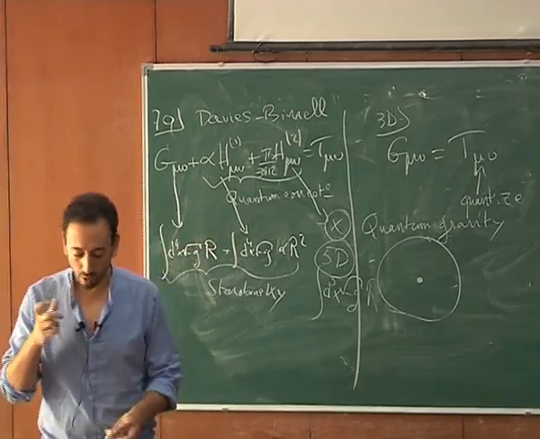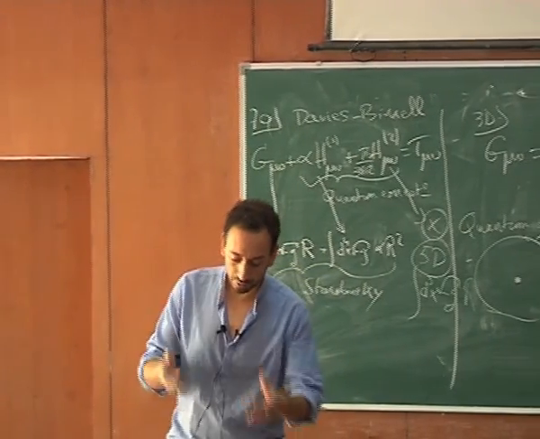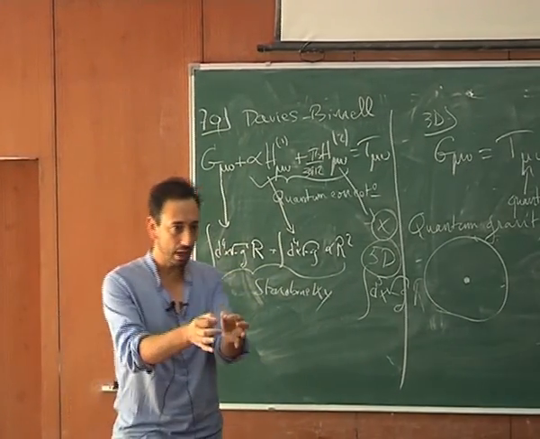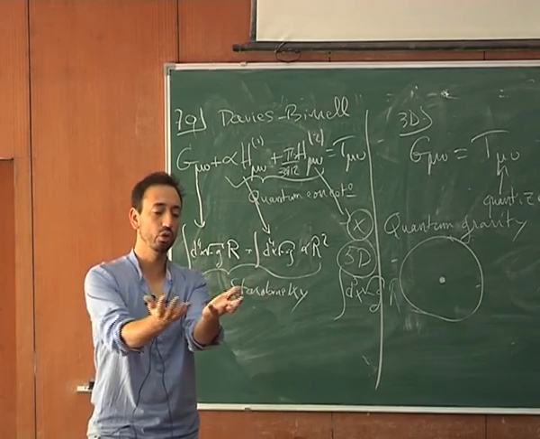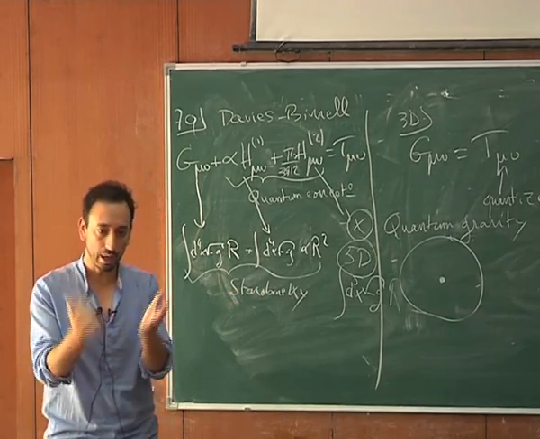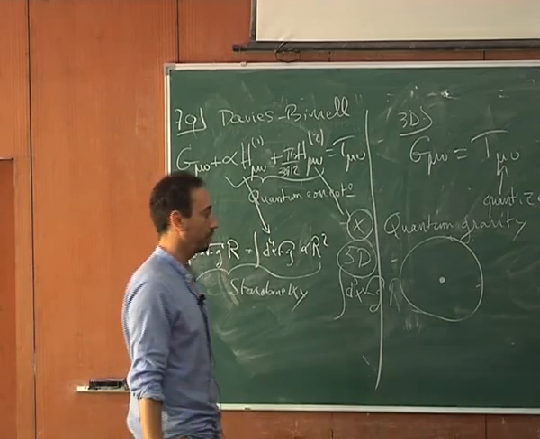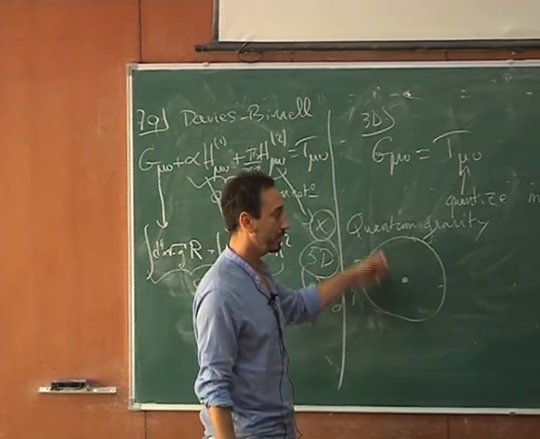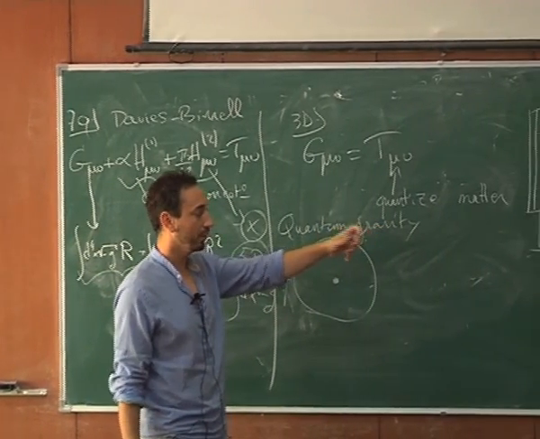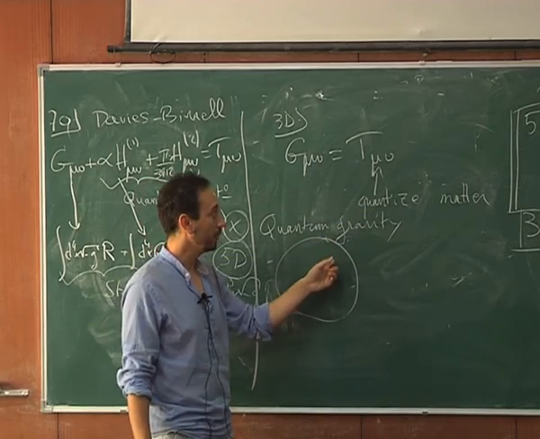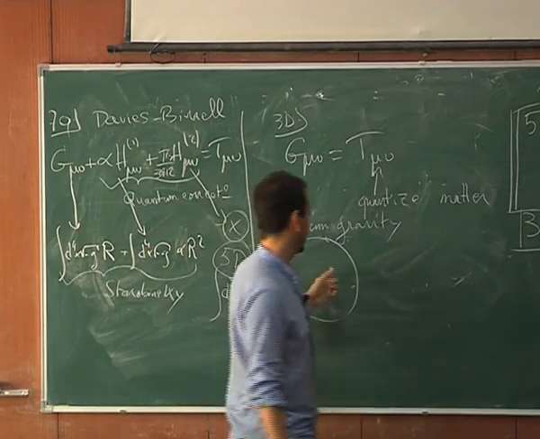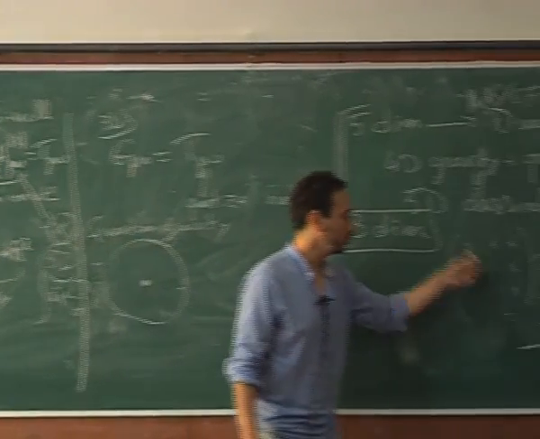So just from a quantum effect, you cannot have a naked singularity. Even if you have a naked singularity initially, quantum corrections are going to produce a horizon and hide the singularity. This might happen also in 4 dimensions, but it will be more complicated. It will take time for people to show it in 4D, because we need to quantize gravity. But in 3 dimensions, you do it easily.